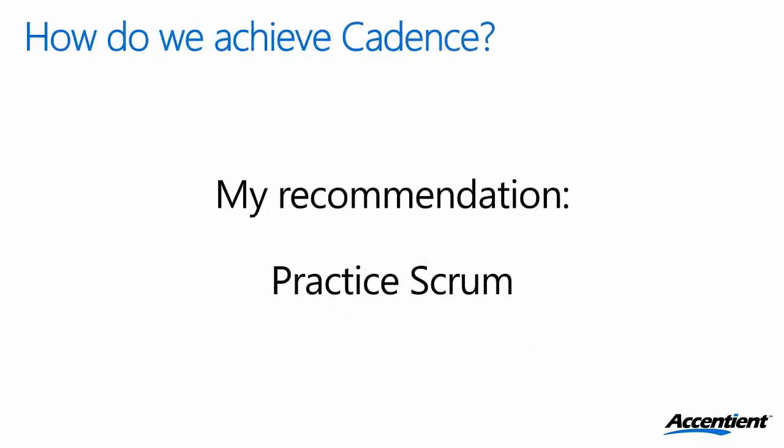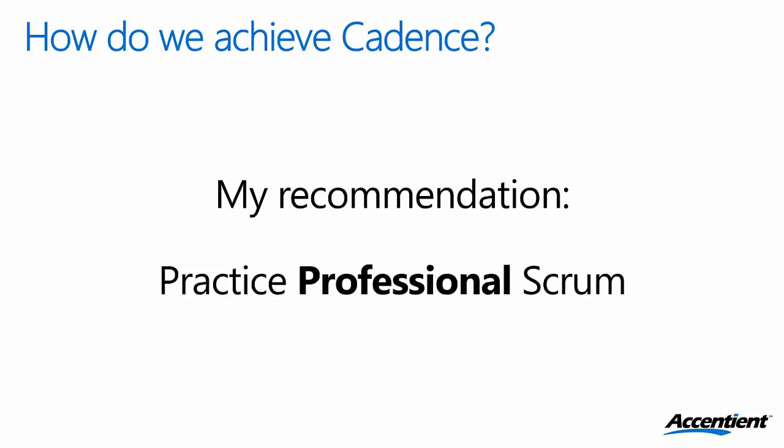So how do we achieve cadence? I think it's pretty easy. Practice Scrum. I mean, there's lots of agile methods out there, lots of ways to be agile. Scrum is just the most popular, and when practiced professionally, and I actually would rather practice professional Scrum as defined here shortly, you will see this cadence become more of a possibility.